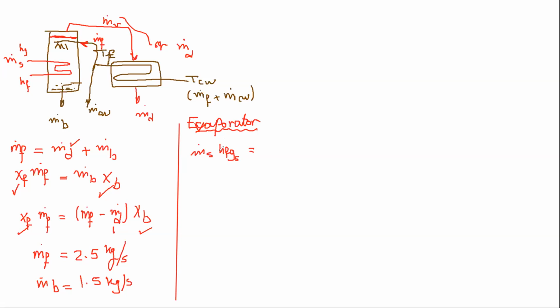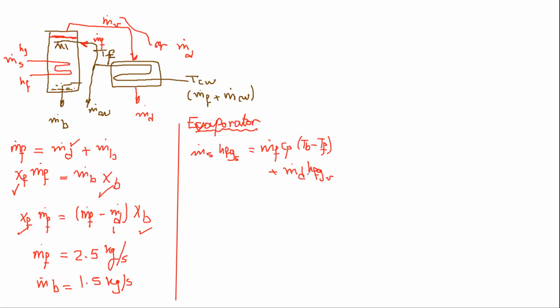This energy is going to be utilized to heat the feed from TF to TB and evaporate some vapor.